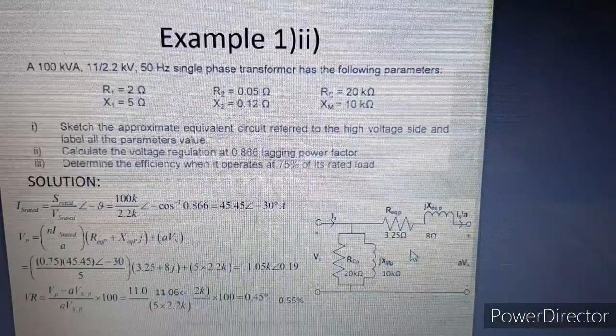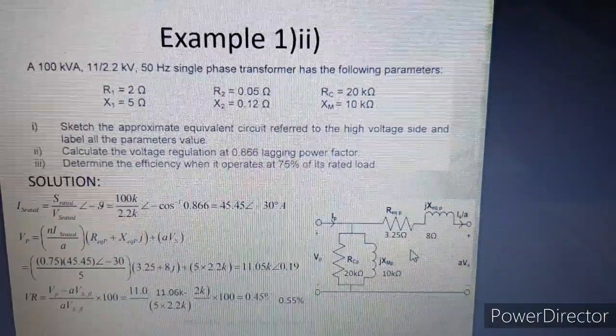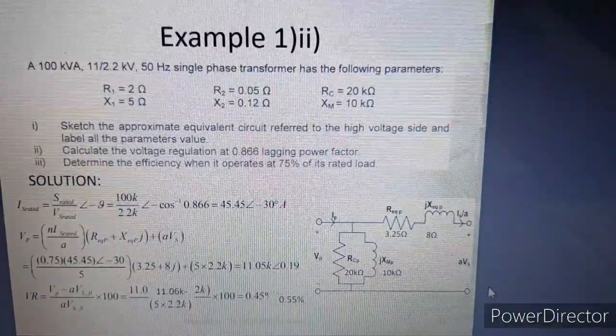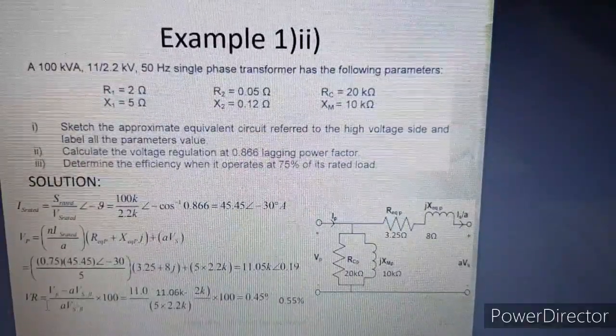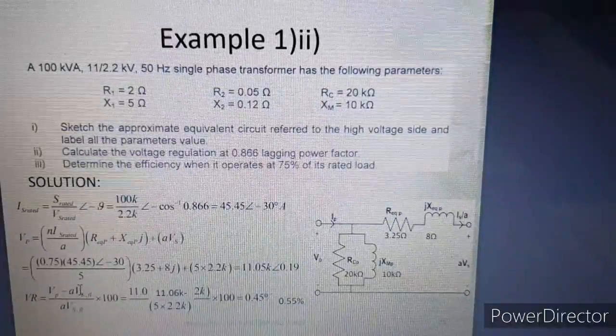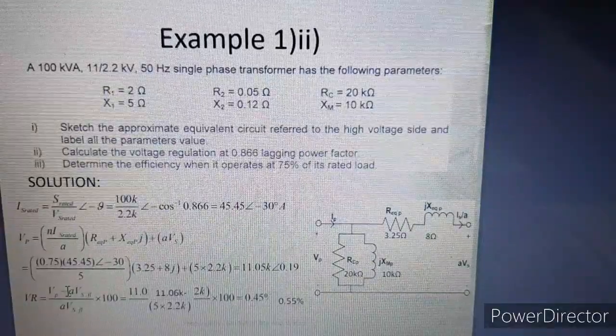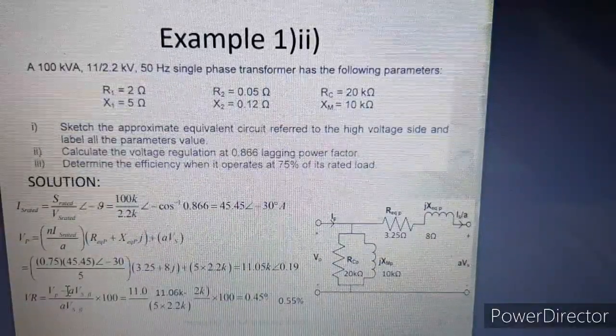The formula for VR for referred to primary is, remember, front minus back divided by back. So that is VP minus AVS over AVS. A is already calculated when we answered number 1 Roman.